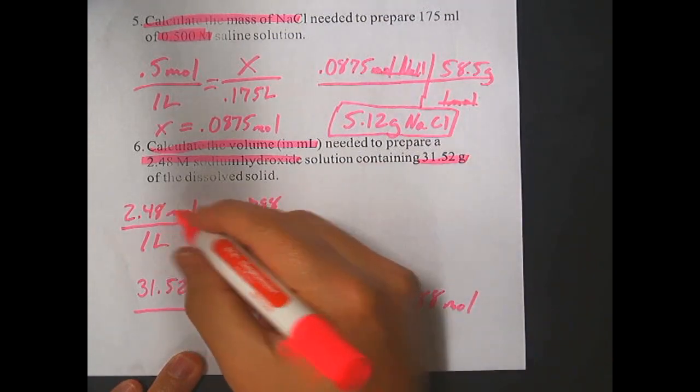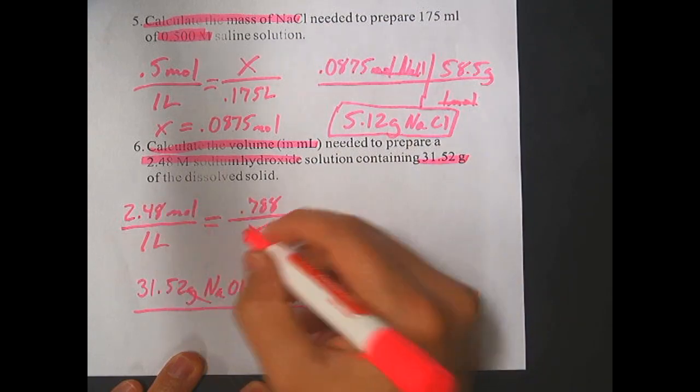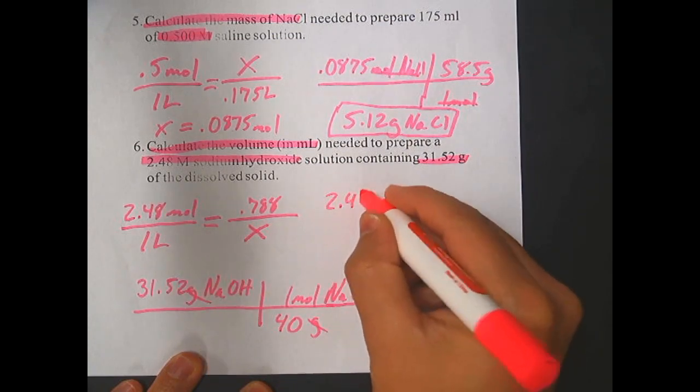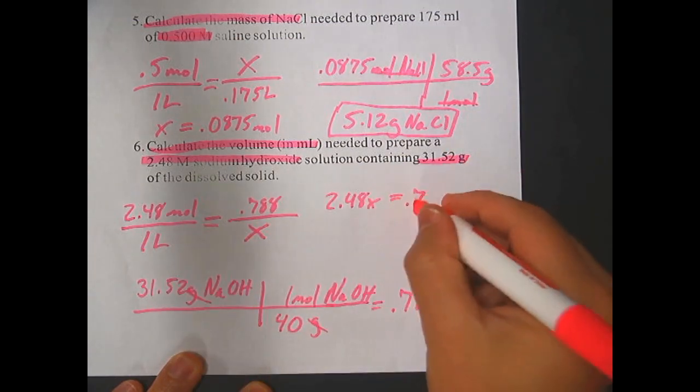Cross multiply and divide. This time we'll have to divide. 2.48x is equal to 1 times that, which is 0.788.